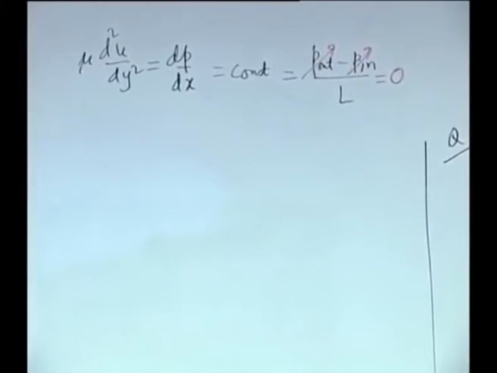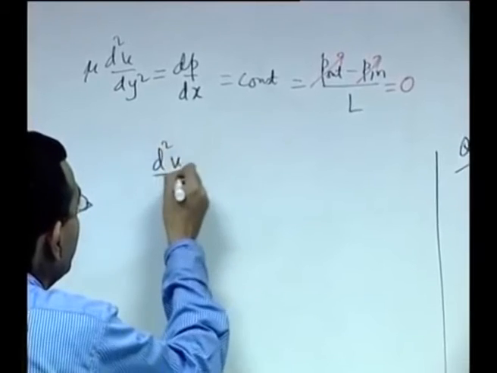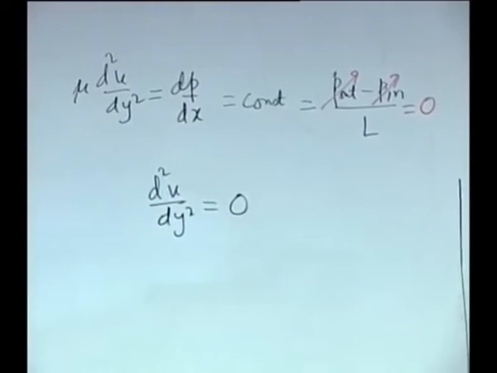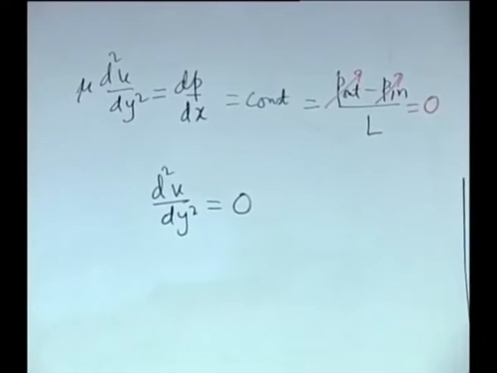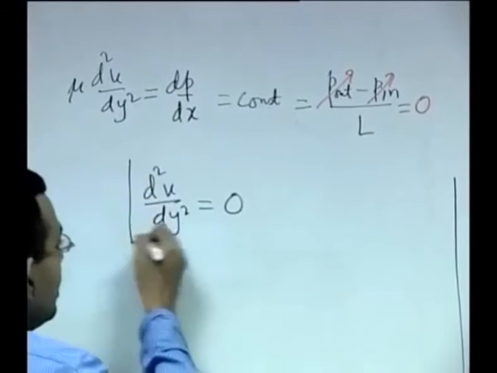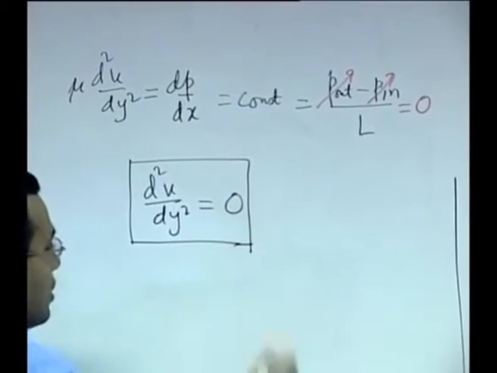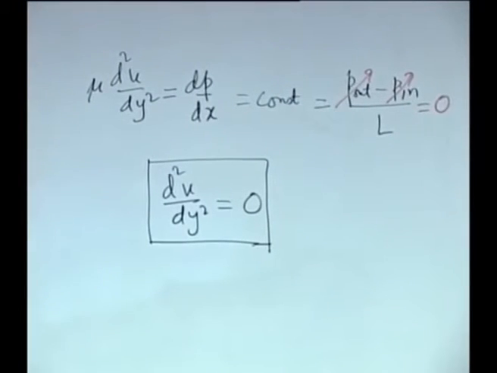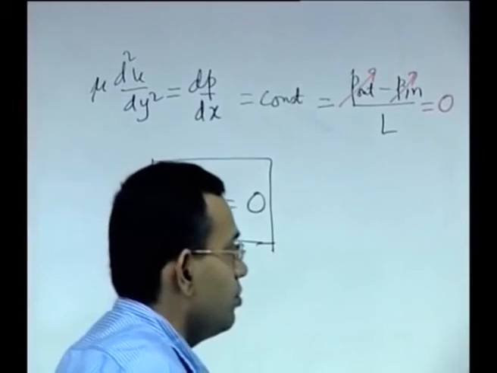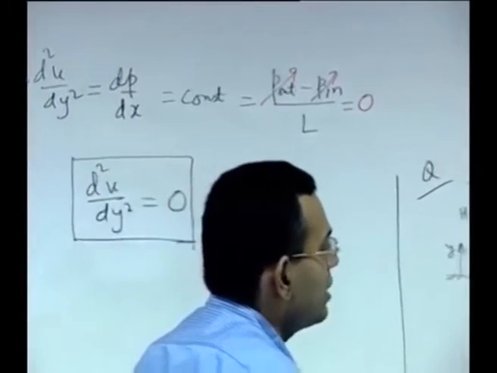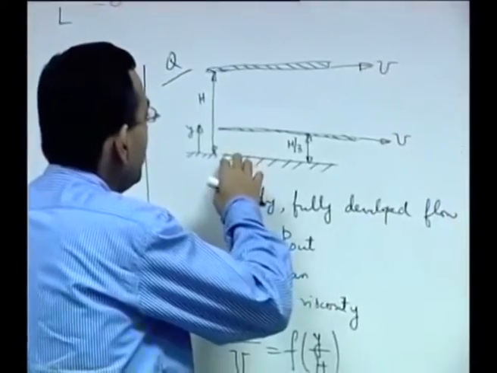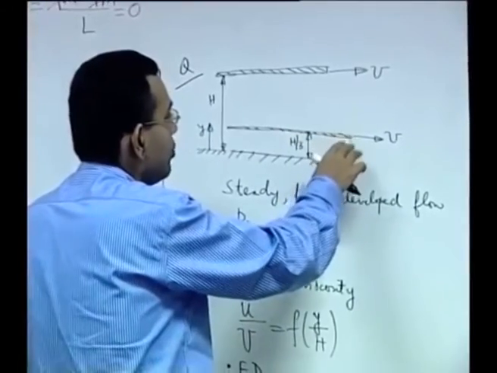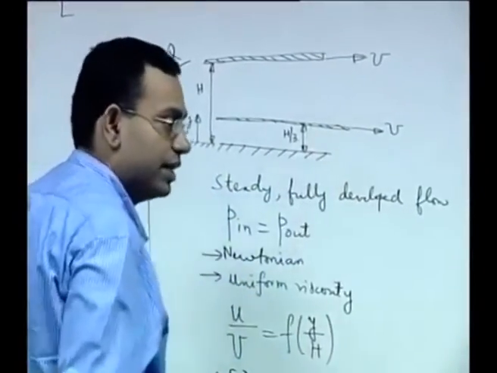So, the first step of solving the problem is to come up with this simplified governing differential equation with appropriate logic based on which this equation evolves. Once this equation is there, next we are interested to solve it by different methods. Now, what you can see here is that you have the domain between 0 to h, and in between a plate is inserted which is moving at the same velocity as that of the top plate.